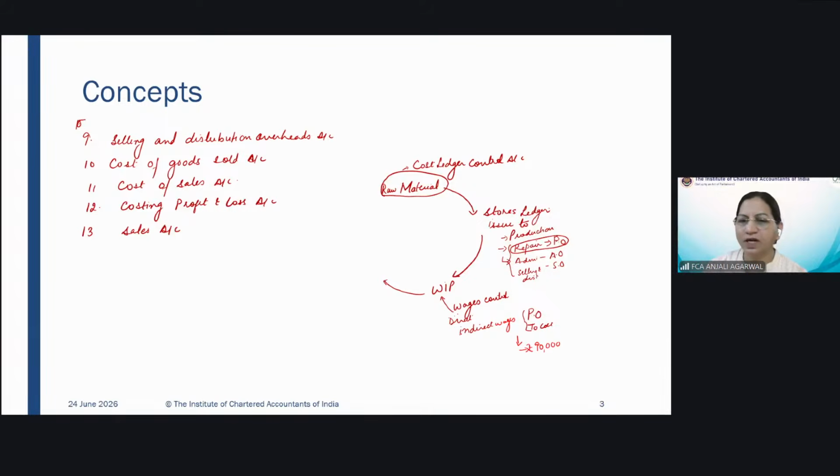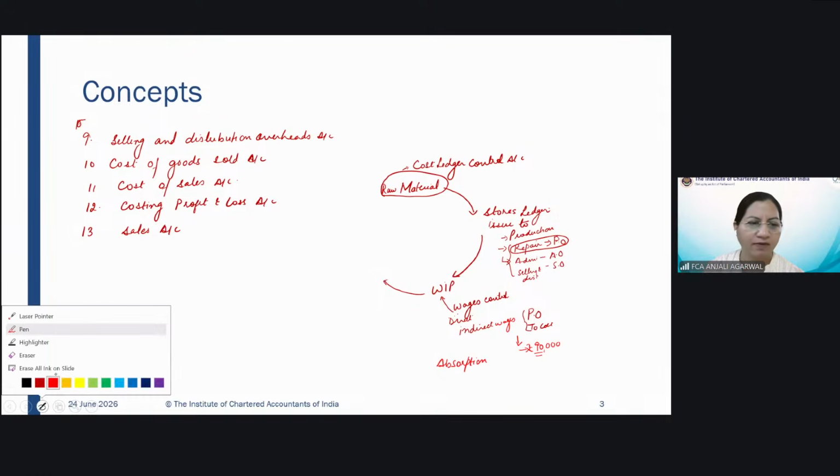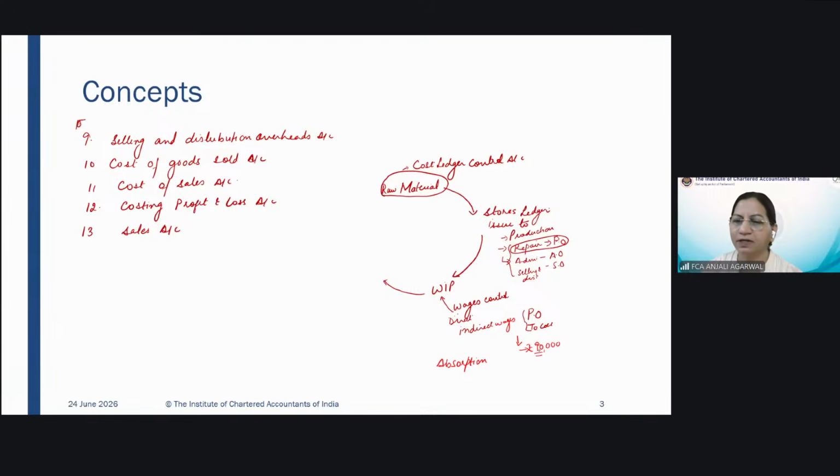Now you will charge the production overheads to work in progress, but you will not charge the entire 90,000. You will absorb the production overheads to work in progress. Remember, in the chapter on overheads we looked at how overheads can be absorbed at a predetermined rate.